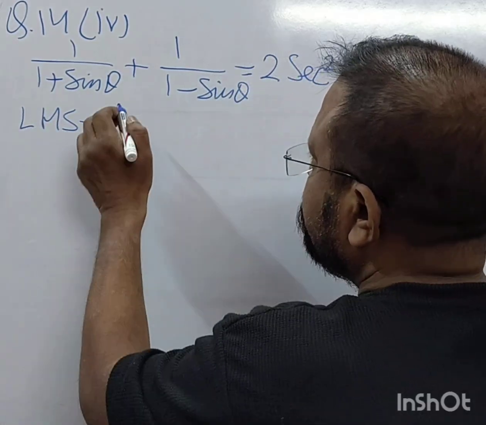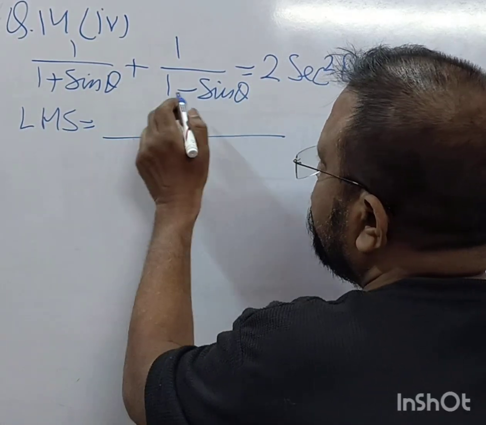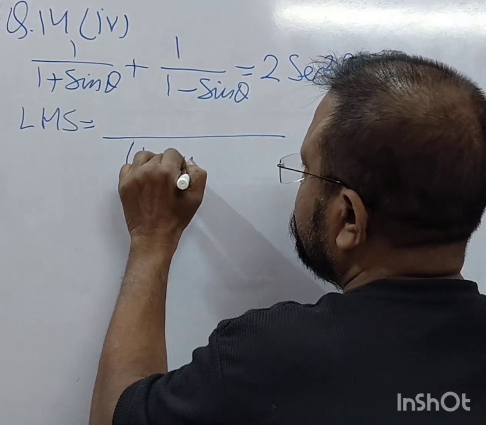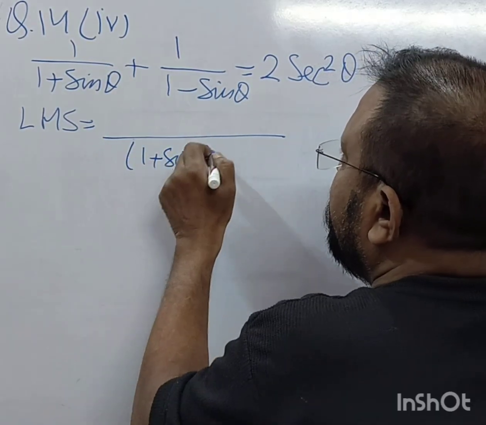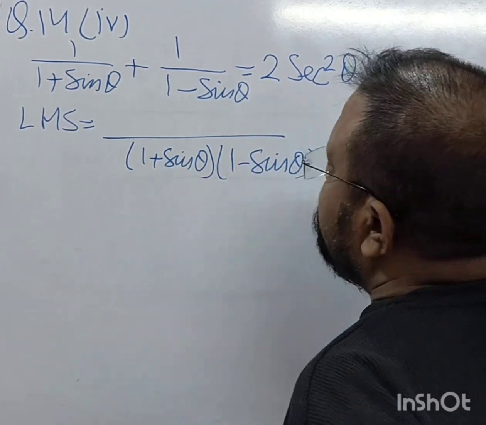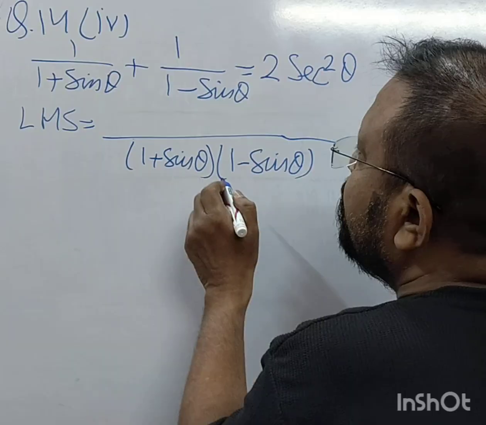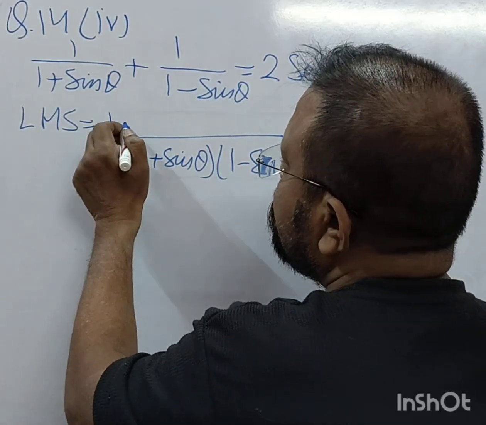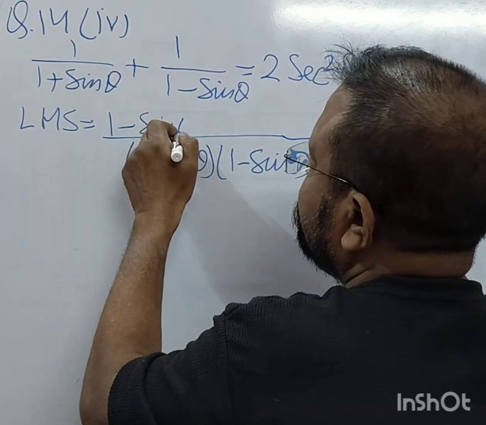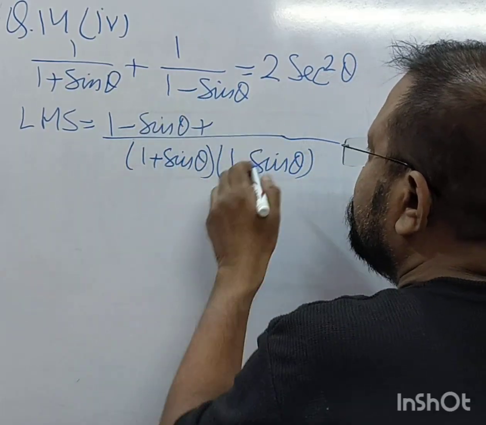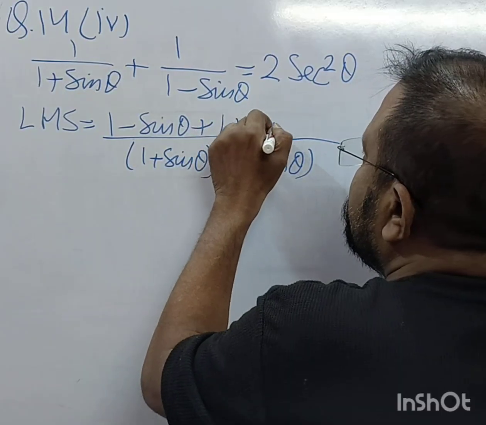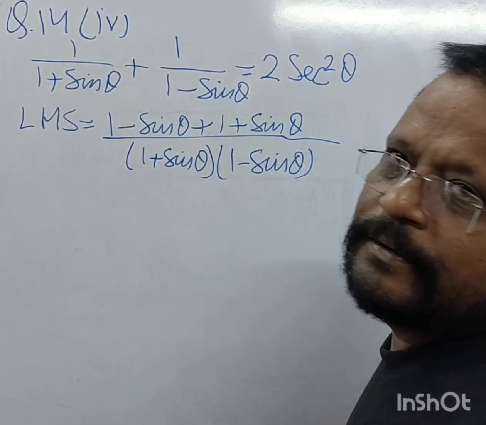is equal to, you take here 1 plus sin theta bracket 1 minus sin theta, right? Get it?